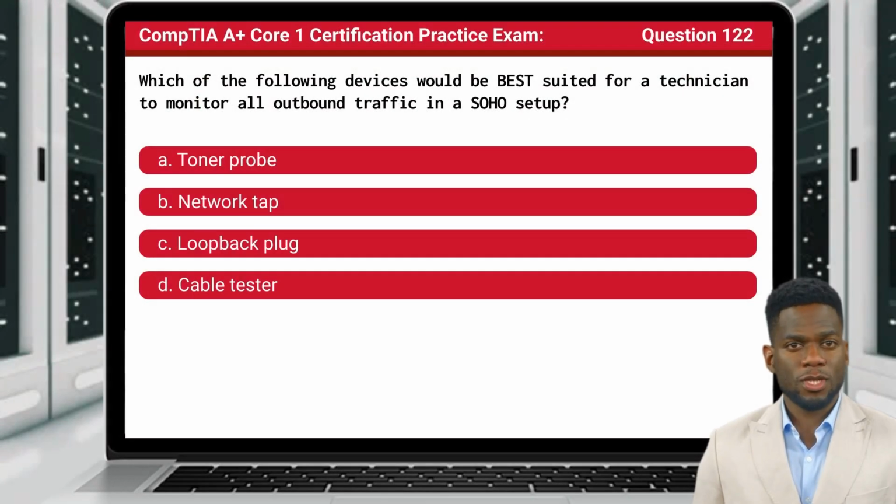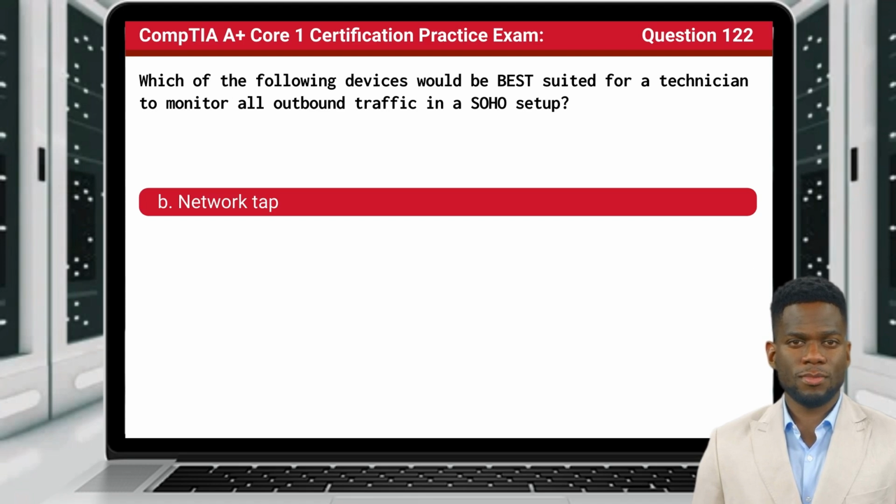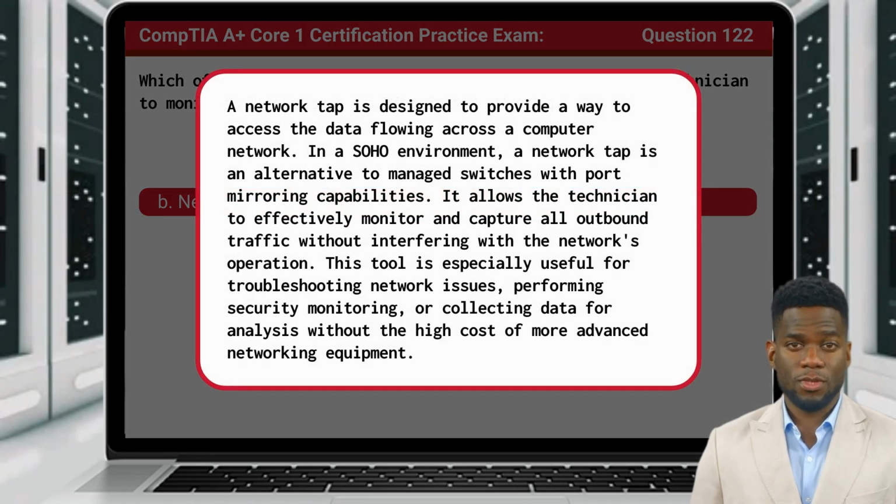Question 122. Which of the following devices would be best suited for a technician to monitor all outbound traffic in a SOHO setup? The answer is B, network tap. A network tap is designed to provide a way to access the data flowing across a computer network.